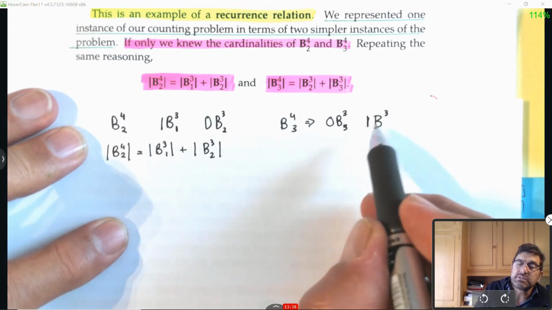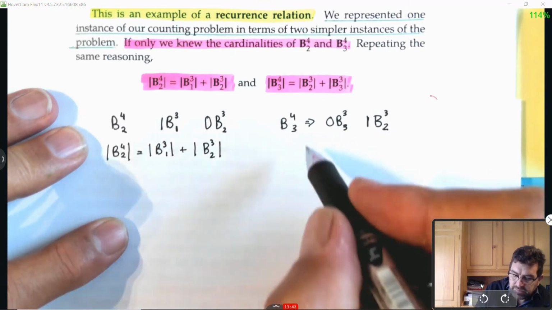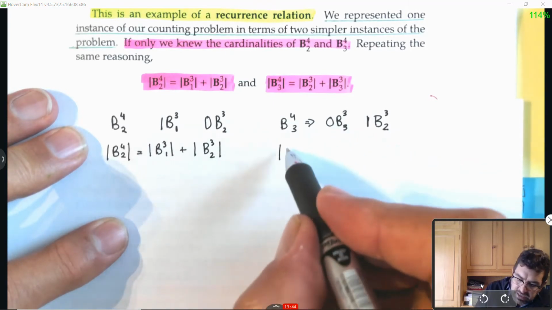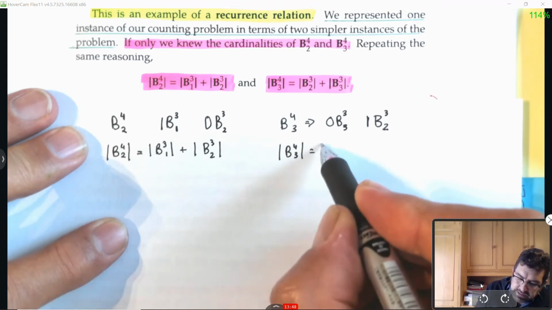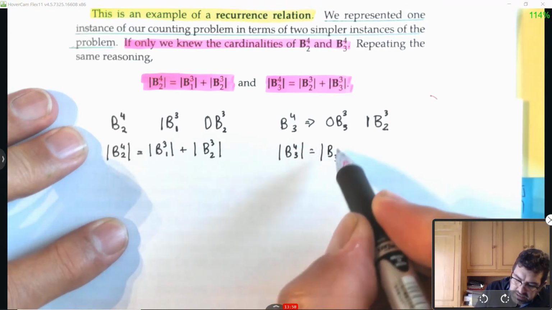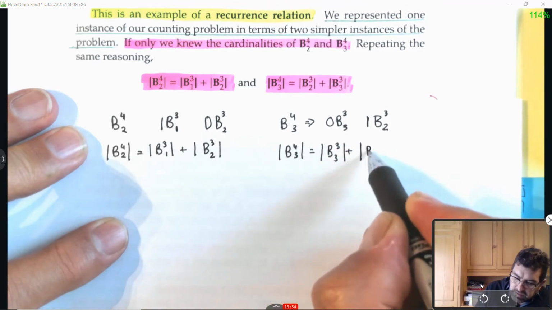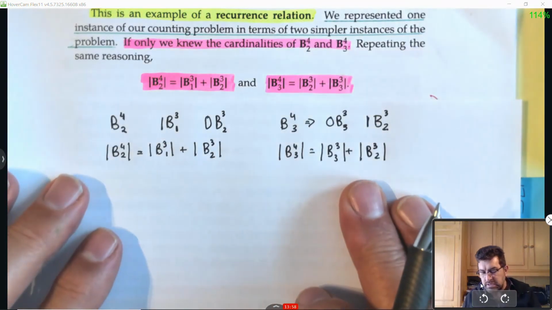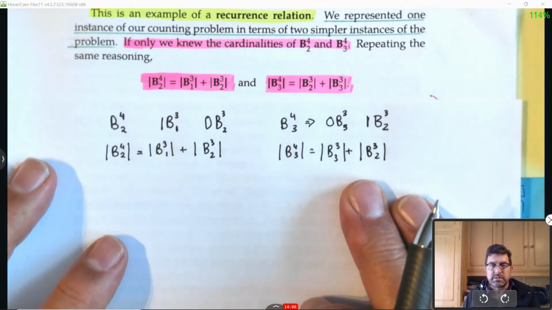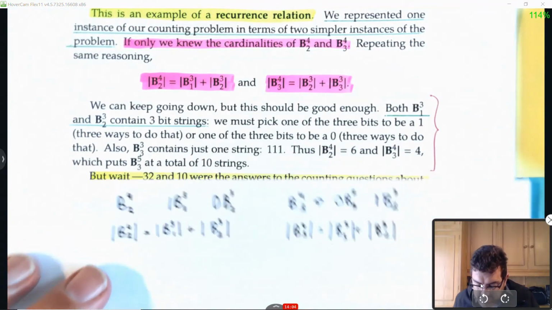We chose a 1, so we had 2 1s left. So then the cardinality of this set is the sum of the cardinalities of those 2 separate sets. And we can add their cardinalities because we are working with disjoint events.